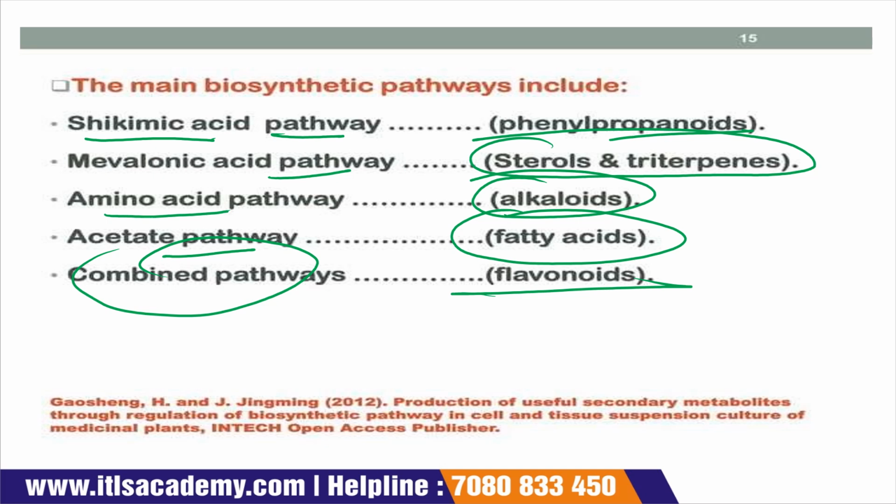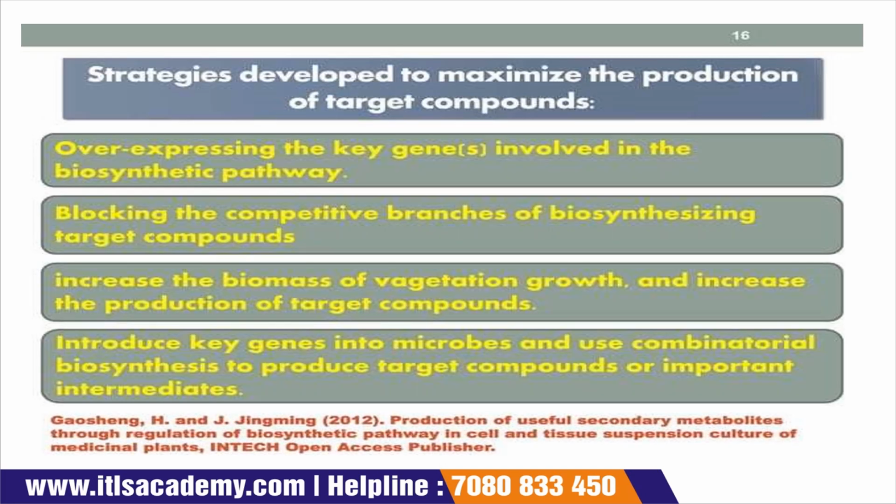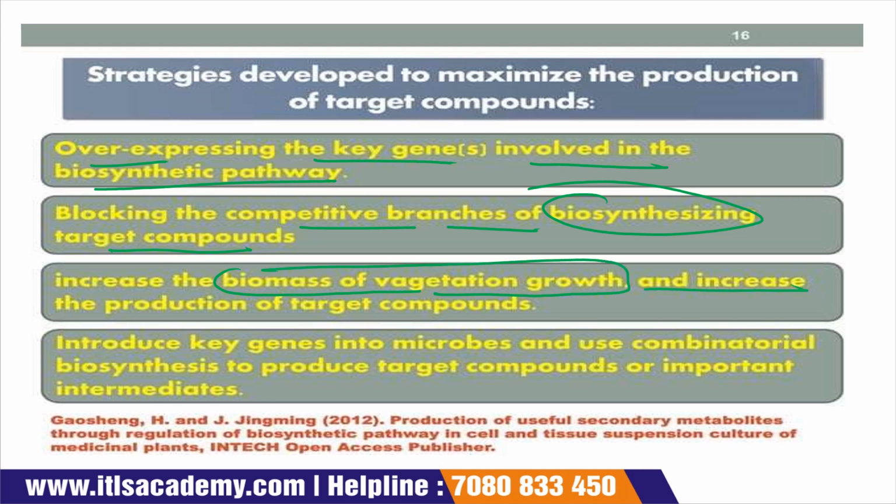Now the next is strategies developed to maximize the production of target compounds. The first strategy is expressing the key genes which are involved in the biosynthetic pathway. Also block the competitive branches of the biosynthesis of the target compound, and increase the biomass of vegetative growth to increase the production of the target compounds.